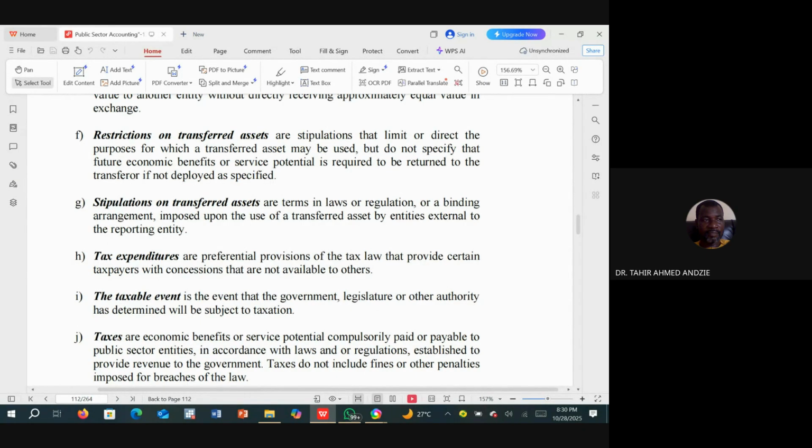Then we have stipulations on transfer assets. These are terms in law or regulation or a binding agreement imposed upon the use of transfer asset by entities external to the reporting entity. So that is the stipulation on transfer asset.